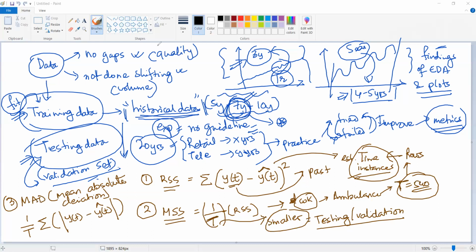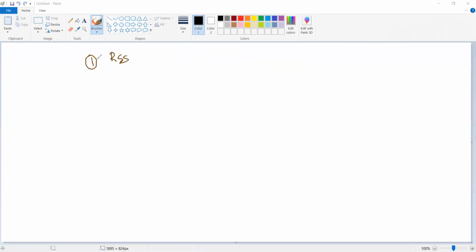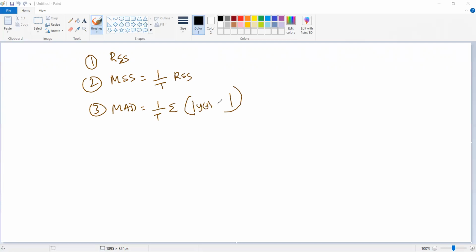These are the three things. Let me just repeat them once. The first is the residual sum of squares, which is the sum of (yt minus yt hat) squared. The second is mean sum of squares, which is 1 by T times RSS. The third is MAD, mean absolute deviation, 1 by T times the summation of the absolute value of yt minus yt hat.